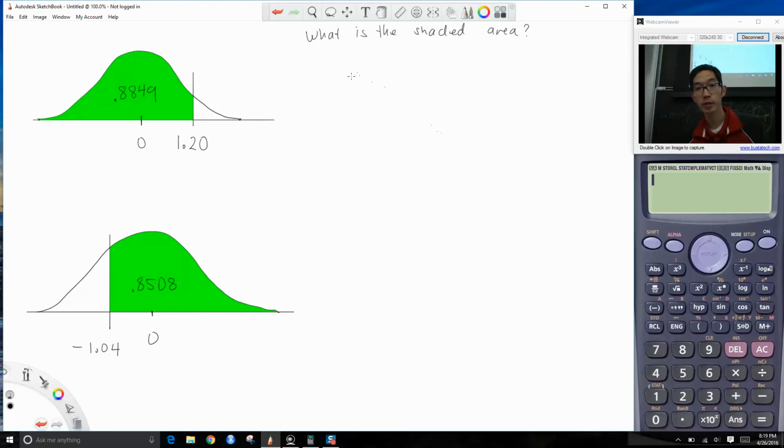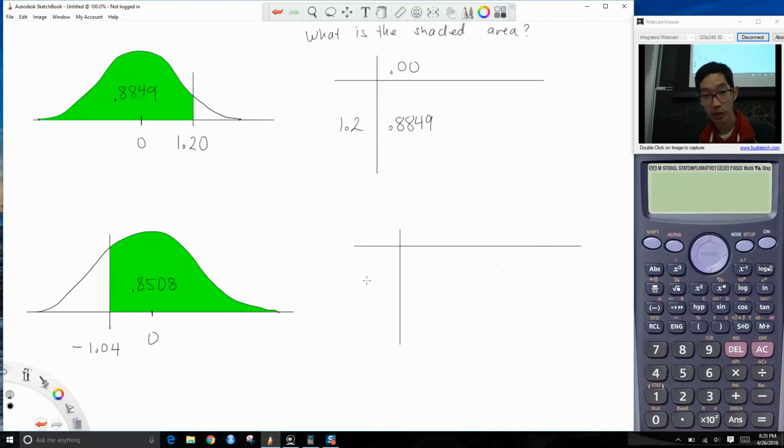Okay, so if we didn't get that, let's look. We're going to go to 1.2 and 0.00, and that's 0.8849 in the table, and that's exactly what we want. Over here we're going to go to negative 1.0 in the column 0.04, and I get 0.1492.